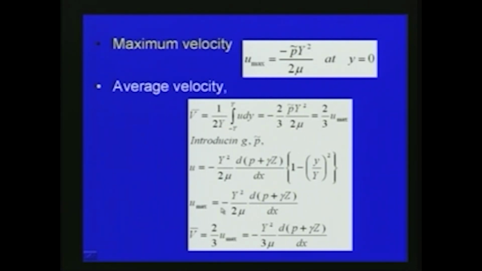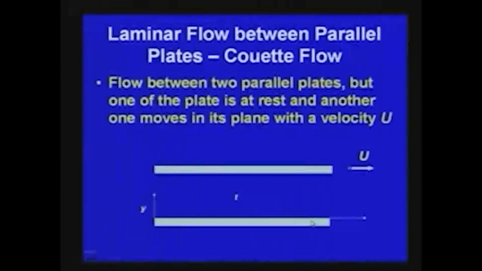The average velocity we can show is 2/3 of the maximum velocity, equal to minus Y² by 3μ into d(p plus γz)/dx. Like this we can derive the relationship for velocity, and from the velocity we can go for other parameters like shear stress variation or pressure distribution. Further, we will be discussing this laminar flow in the next lecture.